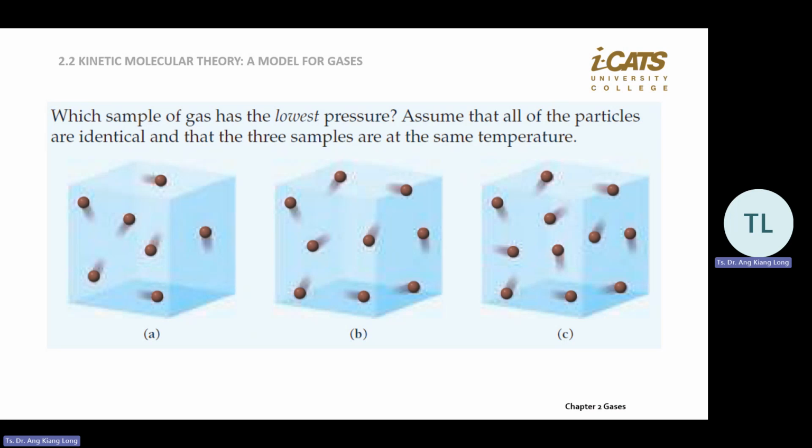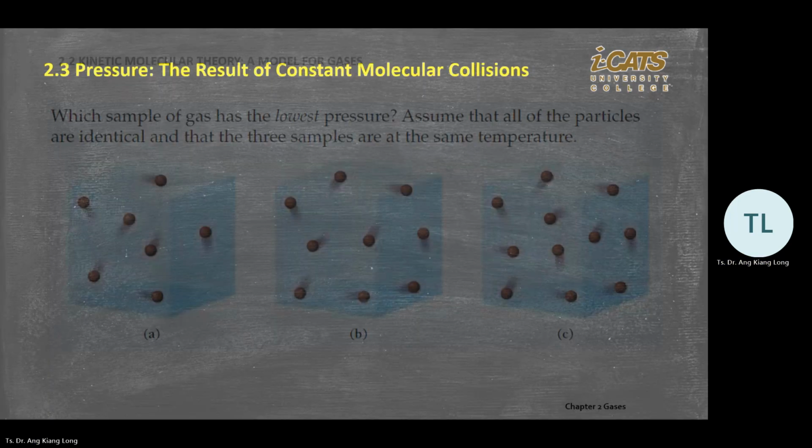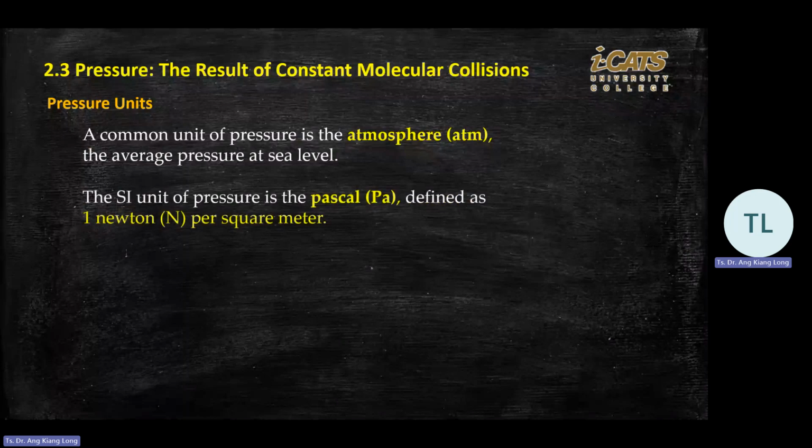So the answer will be A. Okay, pressure unit, this is just a refresher. The pressure unit is Newton per meter squared, because you take F divided by A. The SI unit for force is Newton, and the SI unit for area is meter squared, so it's Newton divided by meter squared. In other words, it also means Pascal, Pa. So if the question asks for pressure, your answer needs to be in Pascal or Newton per meter squared.